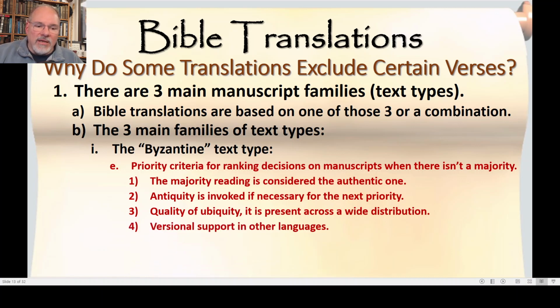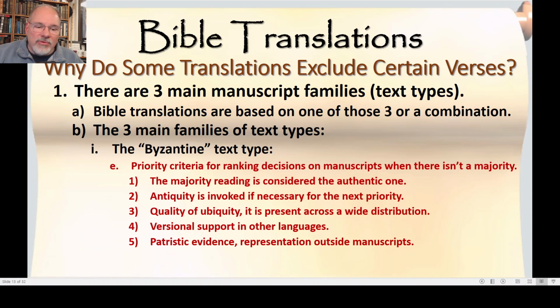The fourth thing would be versional support in other languages. So you'd look at other languages that translate it, Latin, Nubian, Coptic, Syrian, you go through all these different languages and ask, how did they translate it? Since we can't really find a legitimate majority, and they're all the same age and in the same geographic area, well, how about in the versional support? Those that translated it to other languages in different areas, how did they translate it? In other words, what sentence structure or word choice did they use?